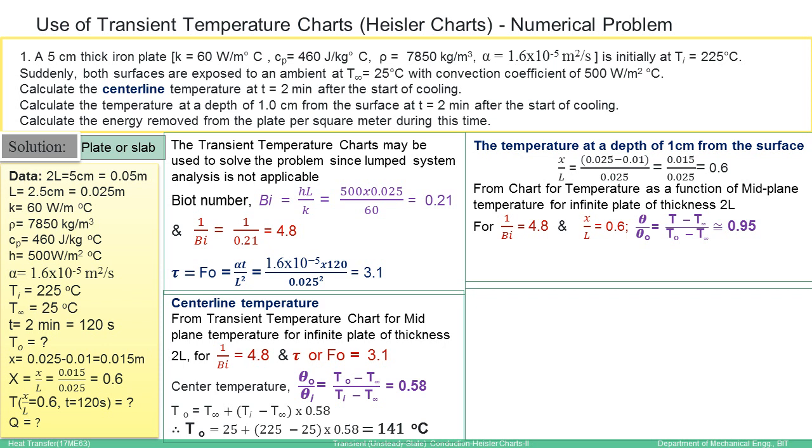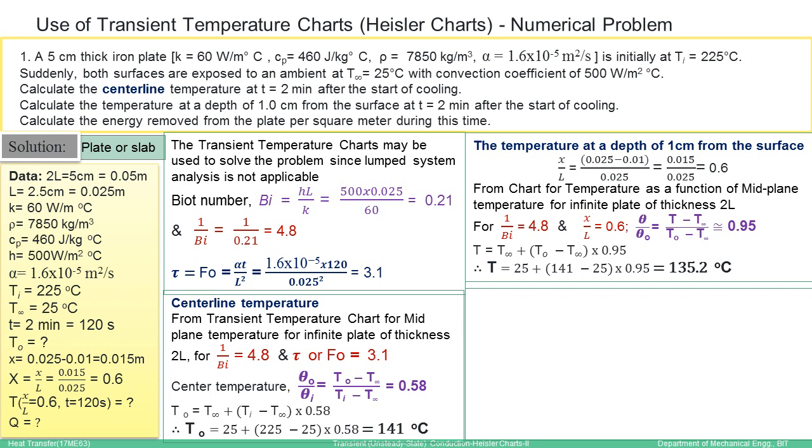Once you find out known values for T naught, just now calculated 141 degree Celsius, and T infinity is 25 degree Celsius, from that you can find out the value of temperature at a depth of 1 centimeter from the surface, that is equal to 135.2 degree Celsius.